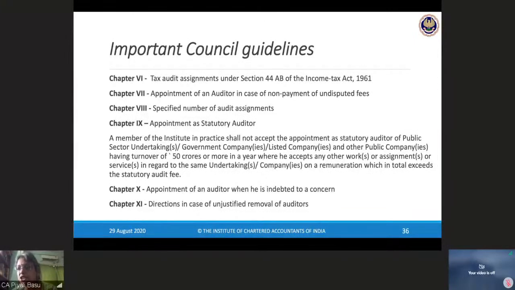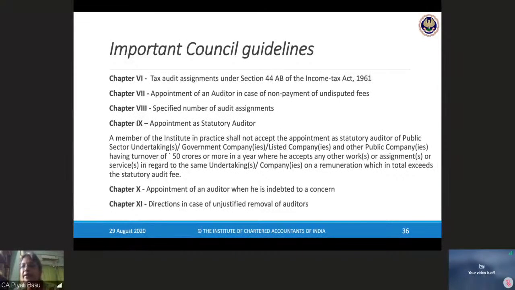Now, he is in a partnership firm, and there are 10 partners. So individually each partner can have 60. So in a firm they can have 600 in all. Right? The firm can take 600 tax audits.